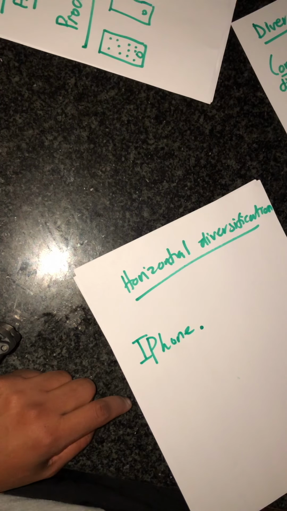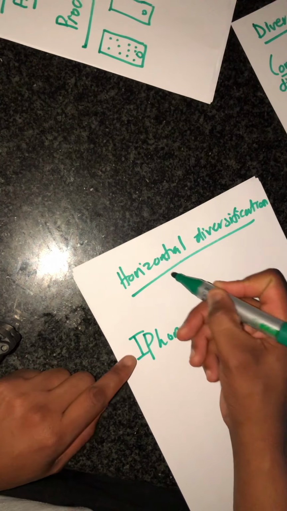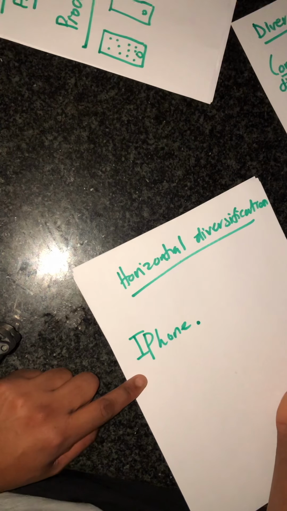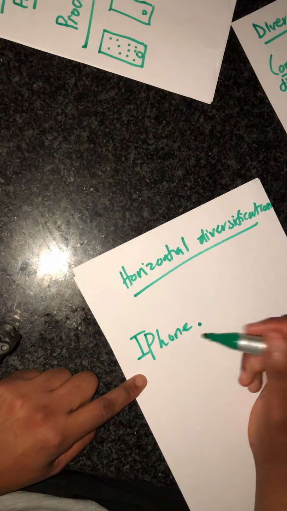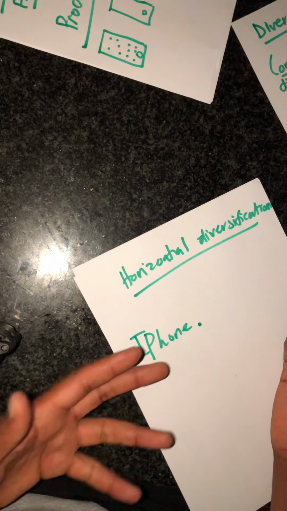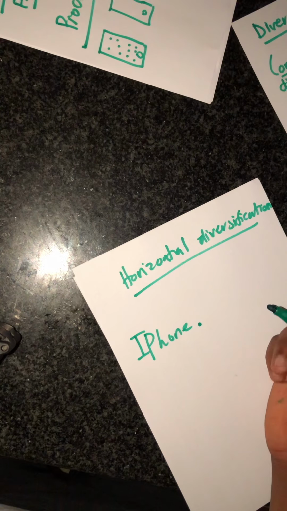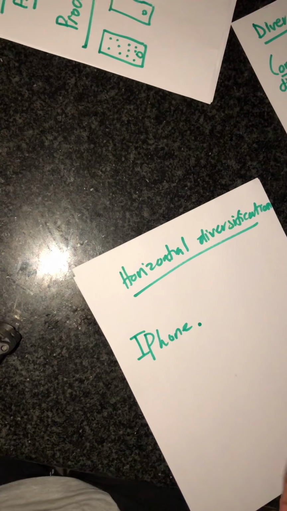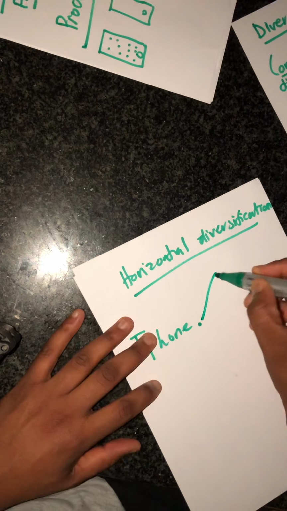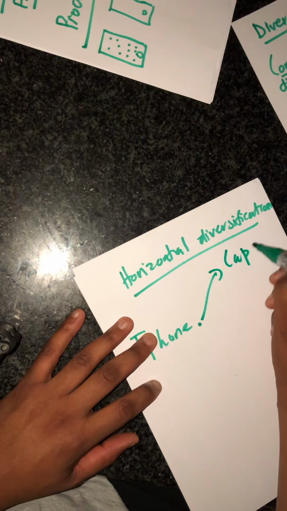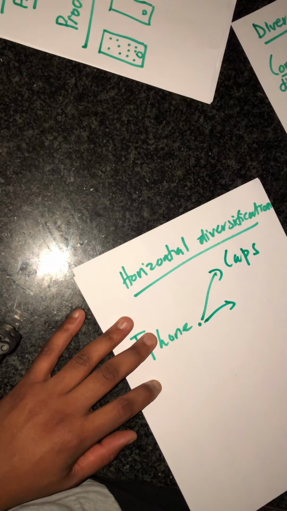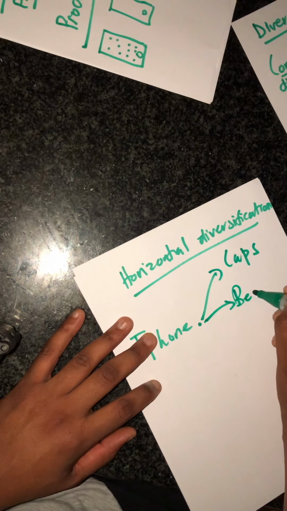However, as a business, they now want to apply what we call horizontal diversification. They will add new unrelated products. Which products could be unrelated to this? Probably they decide to sell caps and beanies.